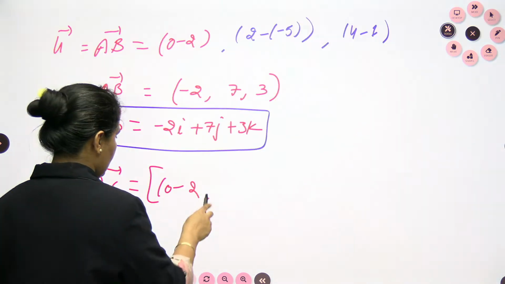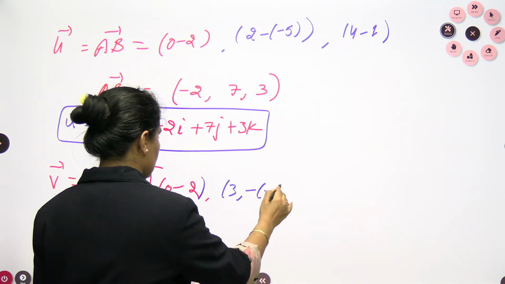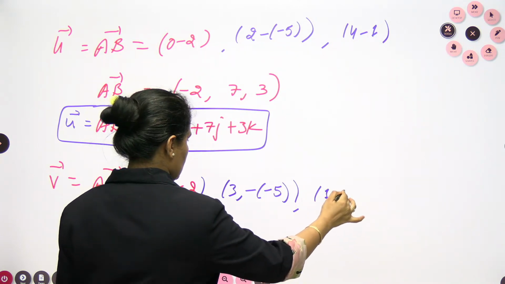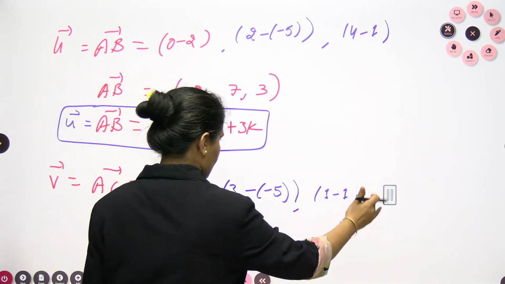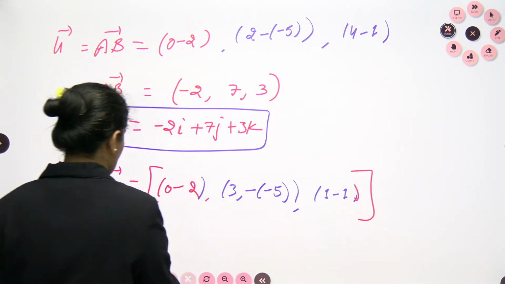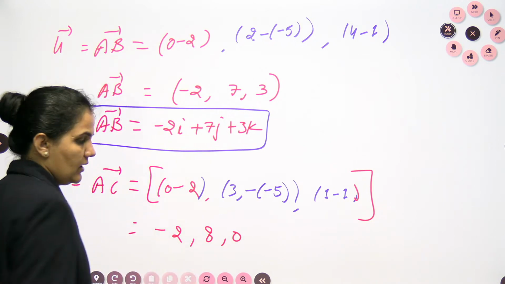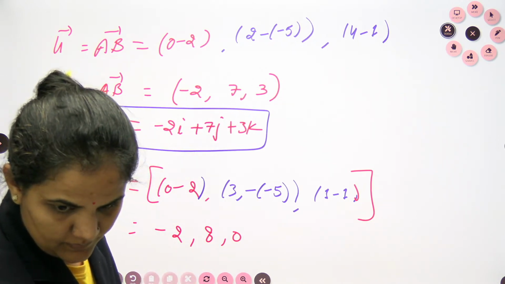Then 3 minus minus 5, and the next is 1 minus 1. So this will be minus 2, 3 plus 5 is 8, and this is zero. Minus 2, 8 and 0.